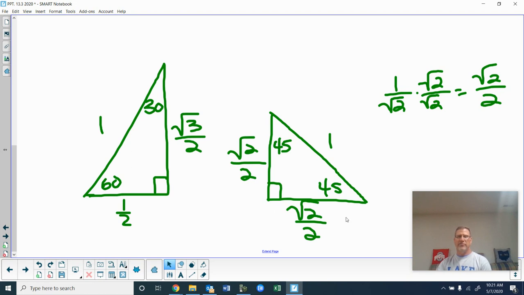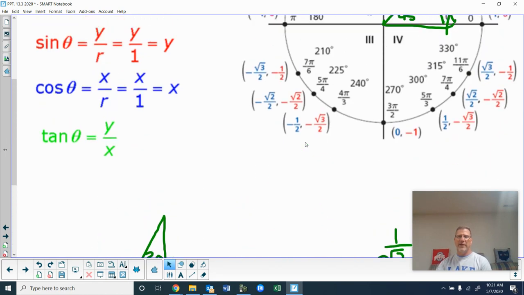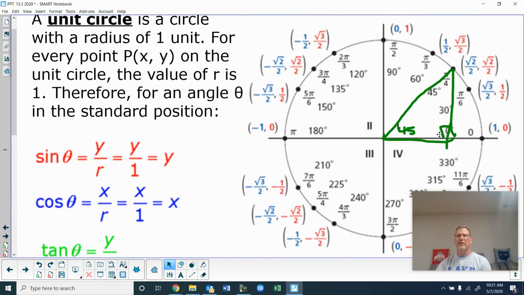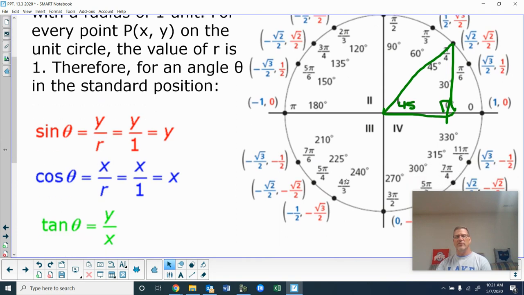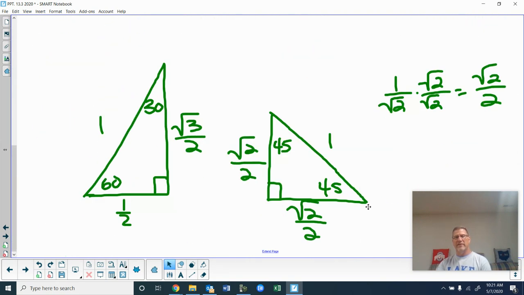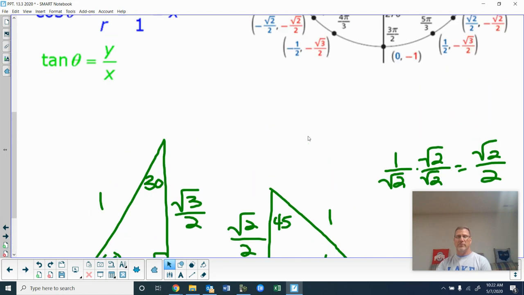So if you memorize the 45, 45, 90 and the 30, 60, 90, you will know what these points are on the unit circle, those x and y coordinates. If we go back up here, we just showed from down here that the x value would be the square root of 2 over 2, and the y value would be the square root of 2 over 2.